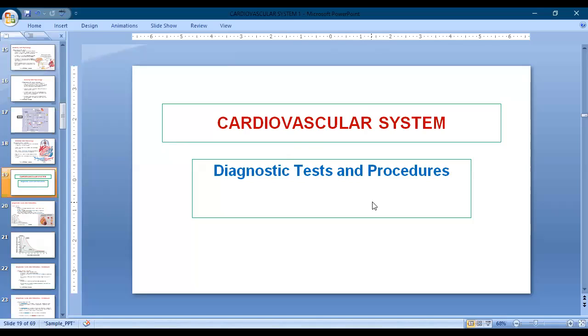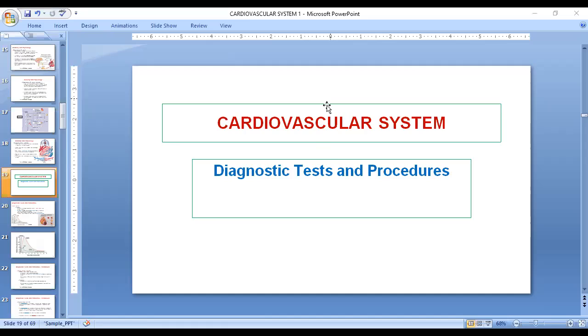Basically, if anybody is diagnosed with cardiac disease, we need to figure out, or we have to exclude it, by some test like EKG or ECG, electrocardiogram, echocardiogram, stress test, or computerized tomography or CAT scan, or MRI, magnetic resonance.